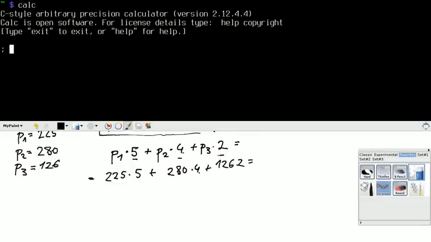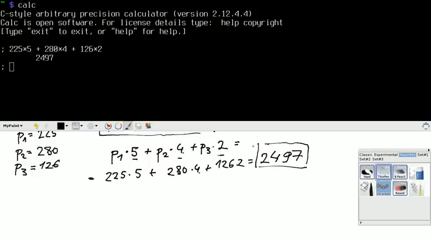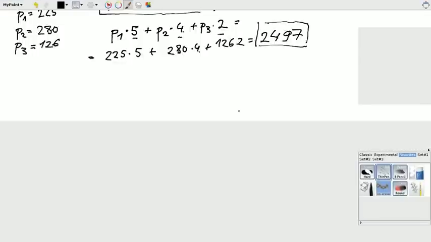It was 225 times 5 plus 280 times 4 plus 126 times 2. Okay, 2497. So this number should fit all the conditions we put on x.